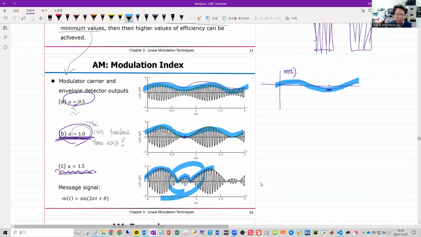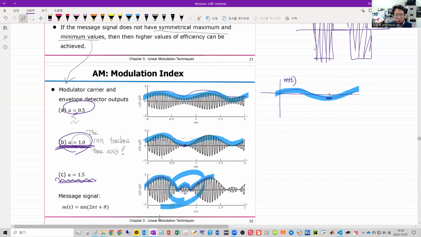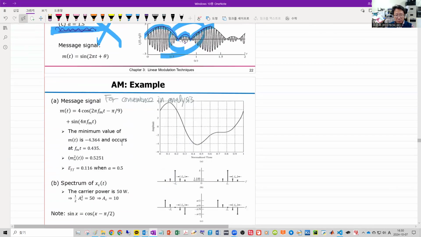So you cannot just make the power efficiency greater than 1/2 easily by violating the assumption of AM modulation, because you want to have a simple, very cost-efficient envelope detector in your receiver. Got it? So this is not allowed in envelope detection of AM signals.